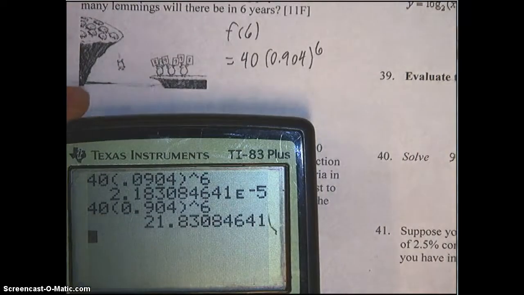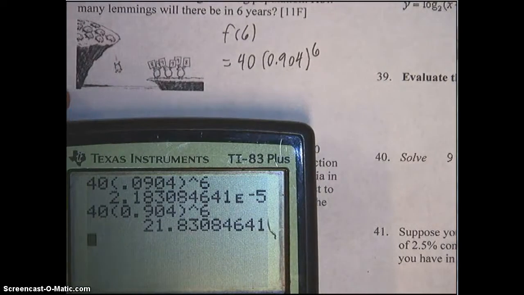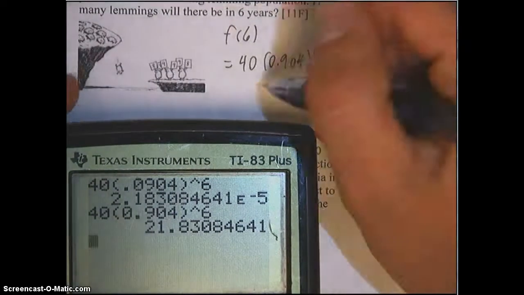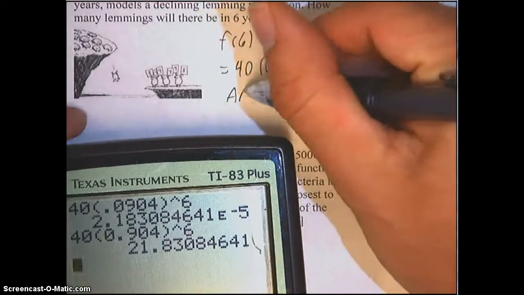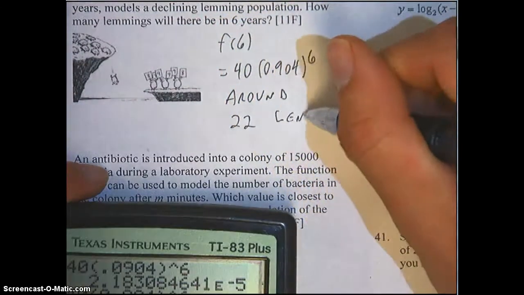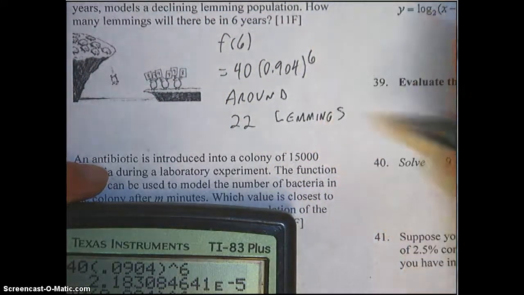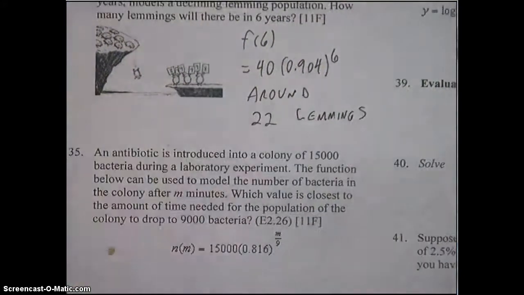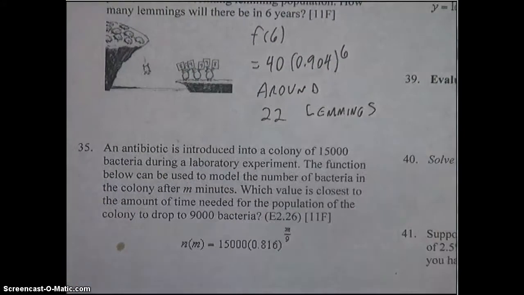So after 6 years, there's around 22 lemmings left, according to my calculations here. Obviously, you can't have 0.83 of a lemming, so there's around 22.